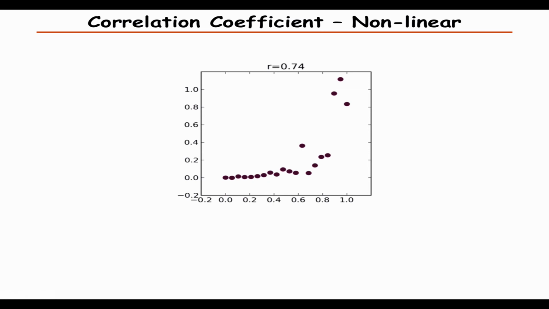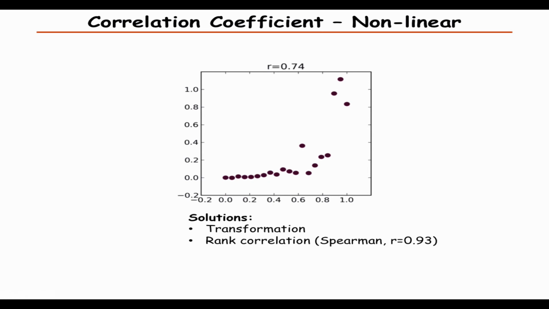But the solution to this, like before, is that we can transform the data, or we can use a correlation coefficient that doesn't assume linearity, which in this case, the most commonly used is the Spearman rank correlation.